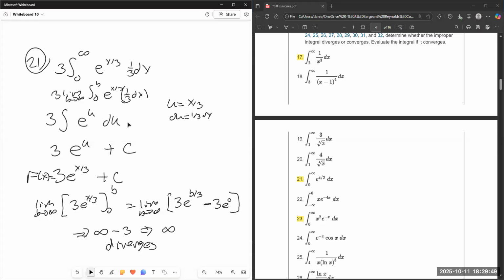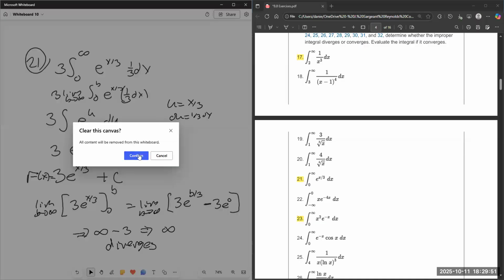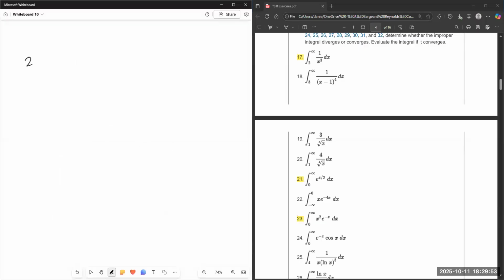Look at 23. 23 is the integral from 0 to infinity of x squared e to the negative x dx. So just looking at this part here, and I'll worry about the limits of integration later.